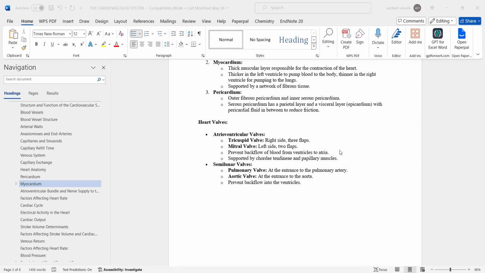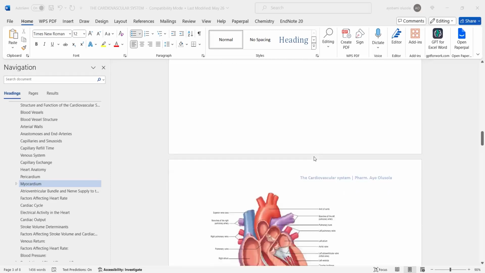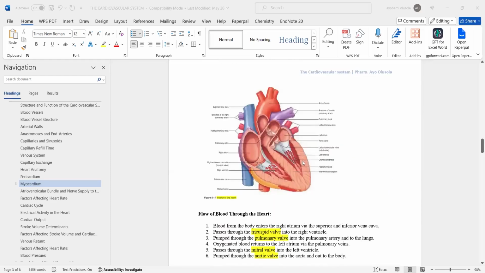So the valve between the right ventricle and the pulmonary artery is a semilunar valve, and we call it the pulmonary valve. And the valve between the left ventricle and the aorta is a semilunar valve too, and we call it the aortic valve. Okay. And what the valves help us do is prevent the backflow of blood.